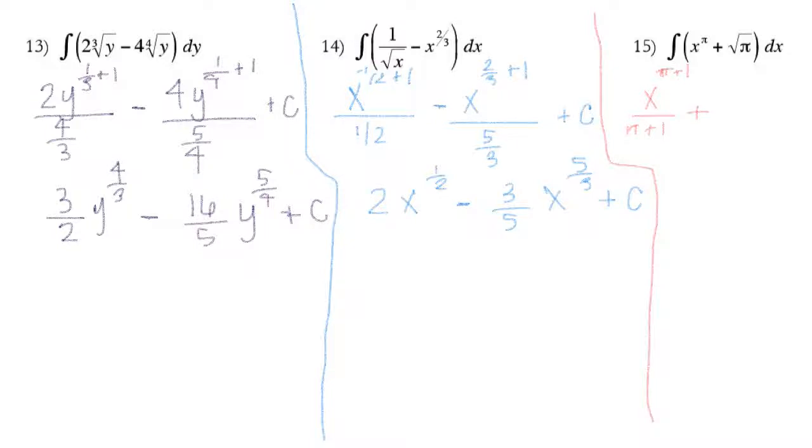This is just a coefficient. So really that was square root of pi and then x and then plus c. And there's really not much more you can do with that. I do want to write that a little bit better. You're going to have x to the pi plus 1 over pi plus 1. That's what that one was. And then plus square root of pi x and then plus c.